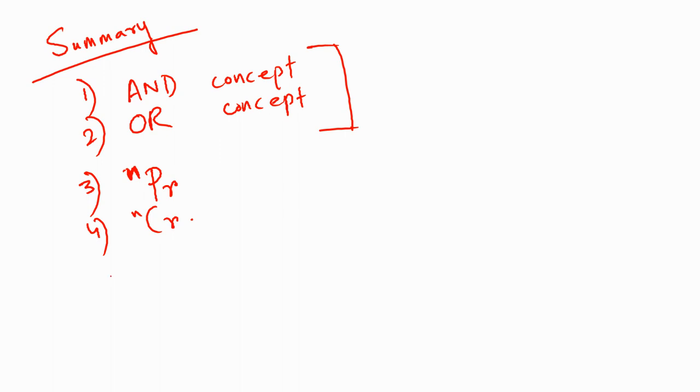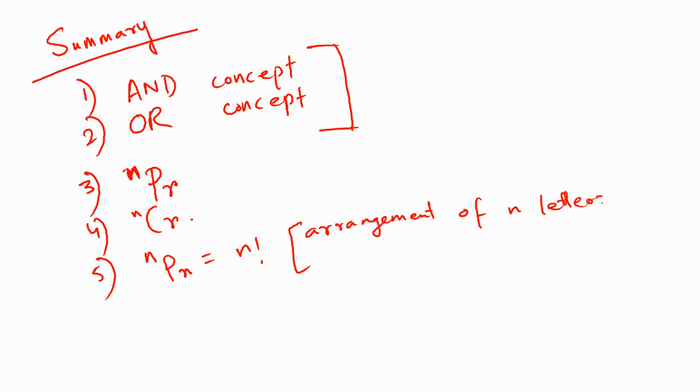And if it is a same-letter word, what will be nPn? It's n factorial, right? Arrangement of n letters. We are arranging n letters, so it's like nPn. We are selecting those n spots from n spots. That's n factorial, and order is important.